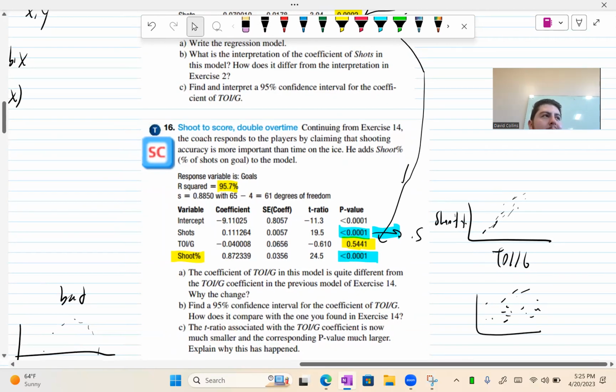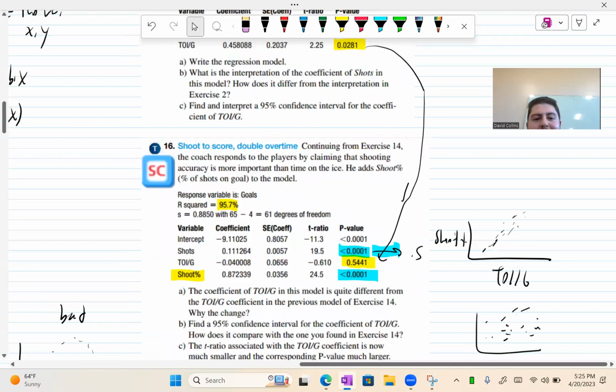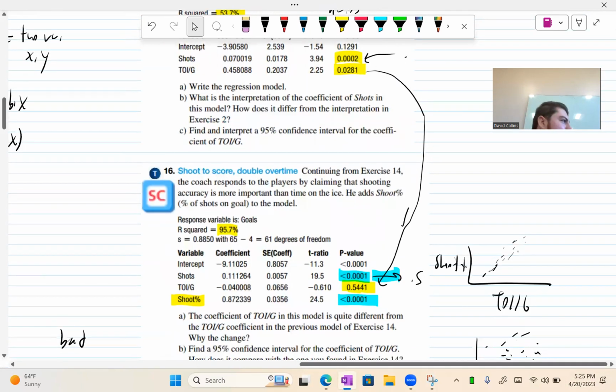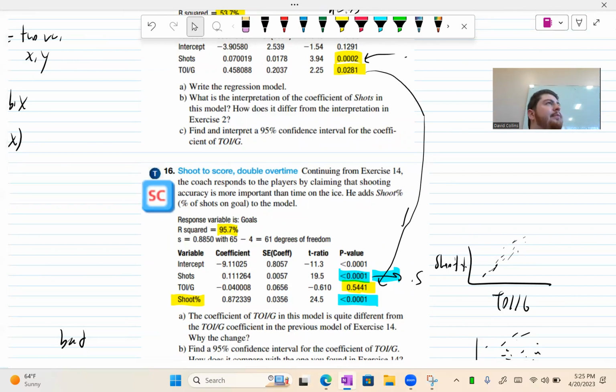Any other questions on this stuff? It is kind of complicated. Is collinear like correlated? Yes, because correlation is the strength of the linear relationship. That's a good point. Collinearity means there's a high correlation between two predictors.